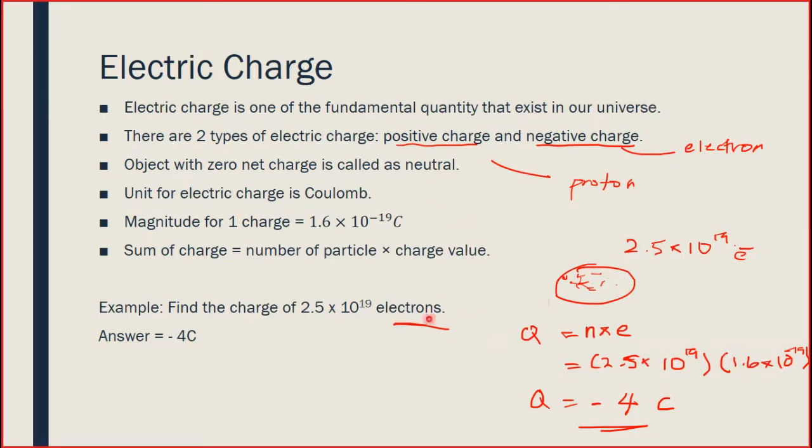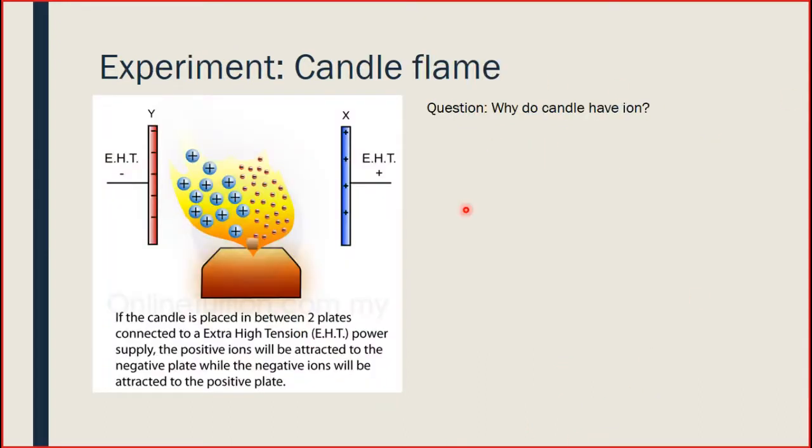Here is an interesting idea. We have a negatively charged particle and a positively charged particle. But what happens when we have a candle flame? This one can come up in your paper 2 or paper 3, I don't know.